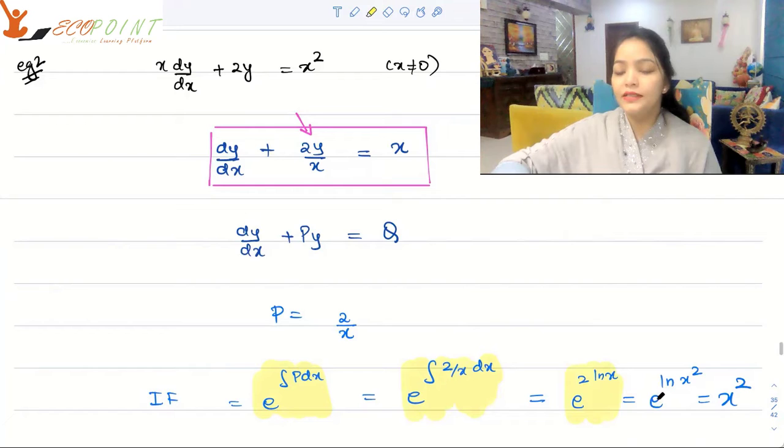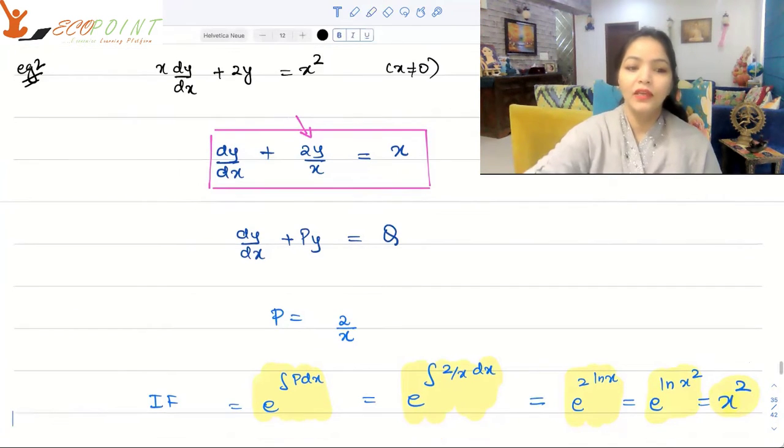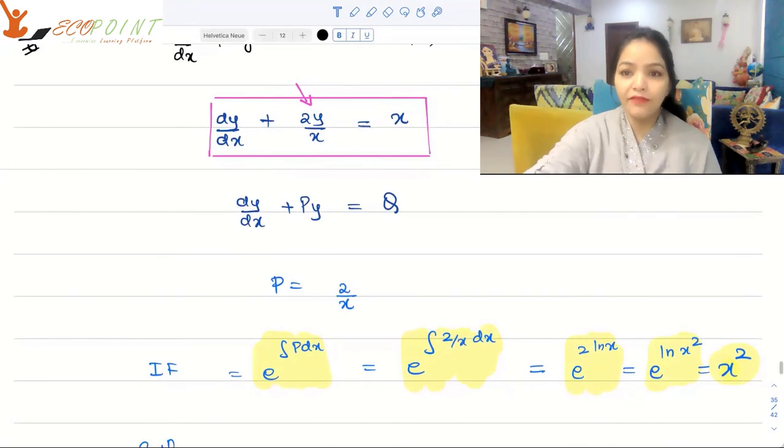Since you have a 2 in front of log x, you can take it up as a power. So this becomes e to the power log of x squared. And since e and log are inverses of each other, you get just x squared. So the integrating factor is x squared.